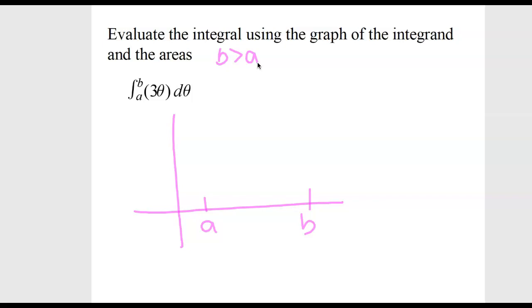So 3 theta, or 3 whatever, any variable, just represents an x. So 3 theta does not change the rules. It's no different than if this was 3x. So if it was 3x, then you would just draw in your curve as if it went through 0, 0, up 3, over 1, up 3, over 1, and so on.